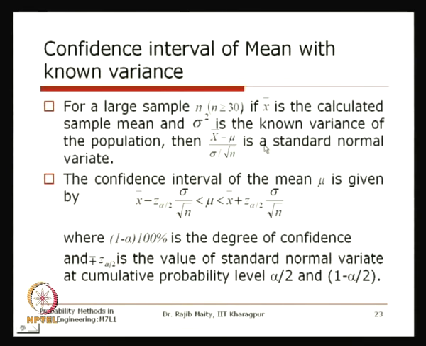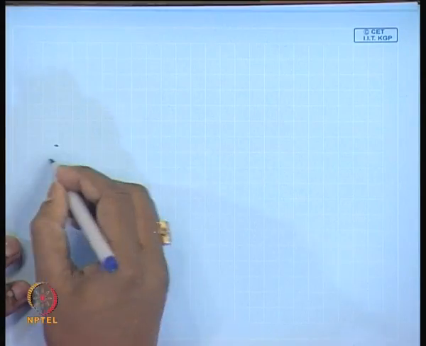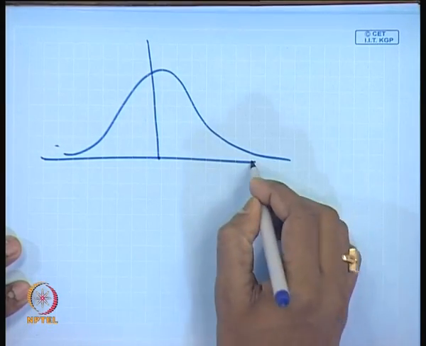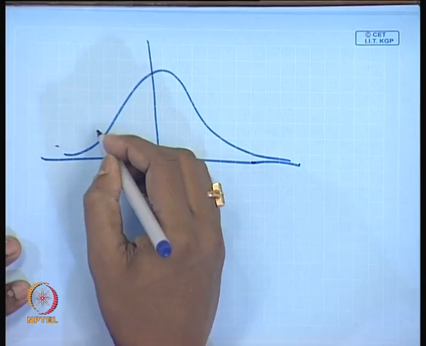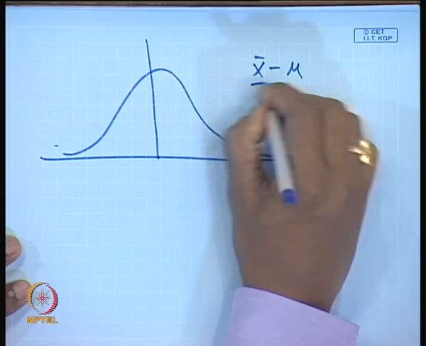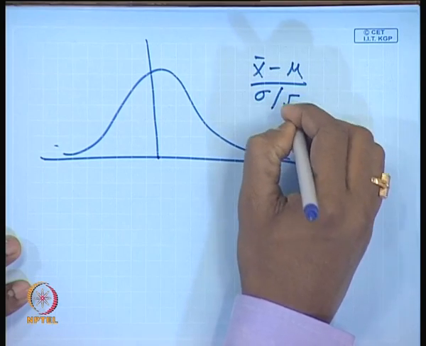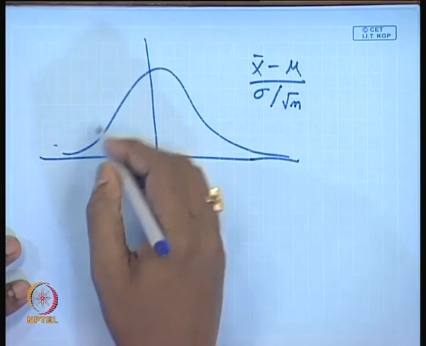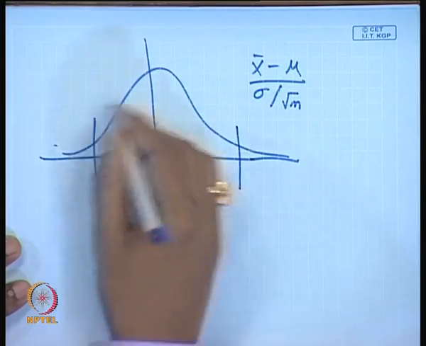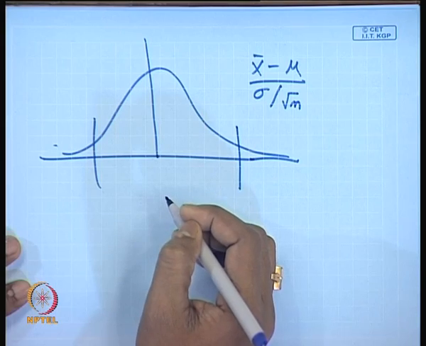Now if you see here, suppose this is your standard normal distribution. The distribution that I have drawn is the standard normal distribution.